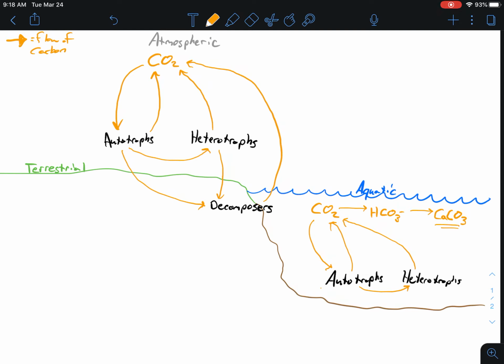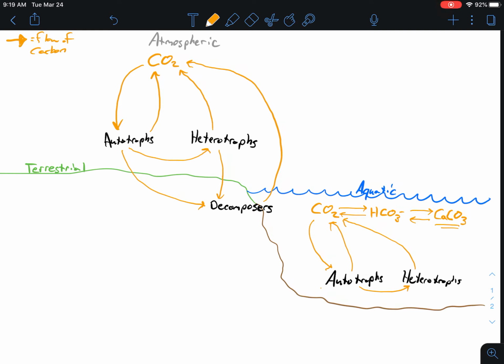Squid even have a small little endoskeleton. It can also be used by coral, which we're going to come back to in 4.4, to create their hard calcium carbonate skeletons. Under the right acidic conditions, this can be converted back towards carbon dioxide.